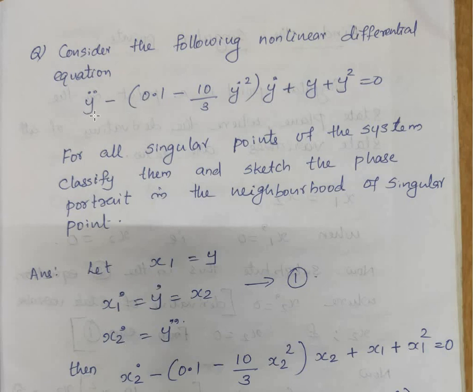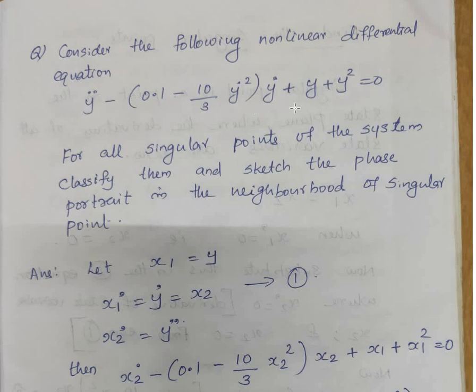So, from the system dynamic equation, we can find the equation for x2 dot. For that you have to substitute y double dot is equal to x2 dot. What is y dot? y dot is equal to x2 and y is equal to x1.